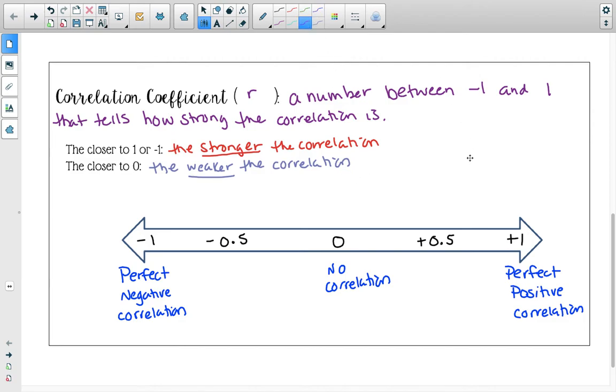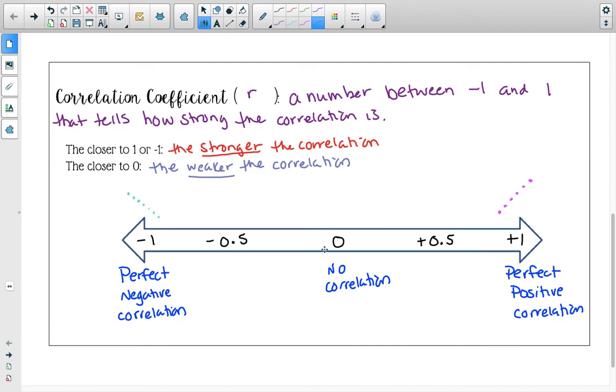So if we look at this, the perfectly positive one would be all of the data points going in a positive manner, but perfectly linear, meaning I could draw a line through these data points and I would not have to move it up or down. It would be straight. The same would hold true for the negative correlation, just that it would go in a negative slope, but it would again be perfectly linear, meaning I could draw a line through all of these data points and it would be straight.